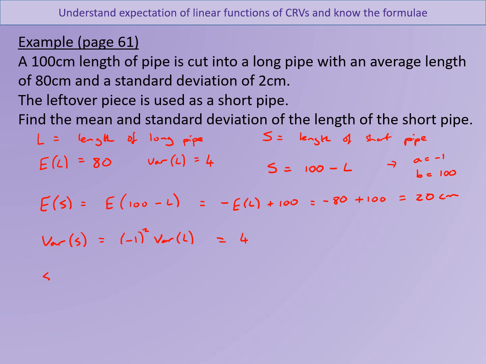Therefore, the standard deviation of S is going to be the square root of 4, which is 2 centimetres. So the standard deviation for the short pipe is actually the same in this case as the standard deviation for the long pipe.